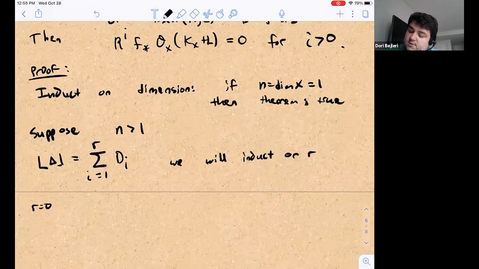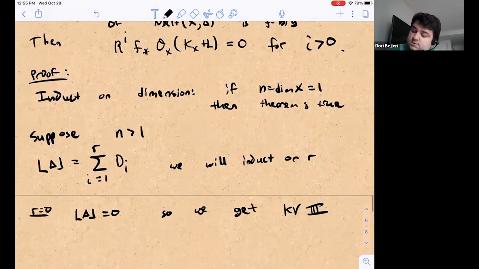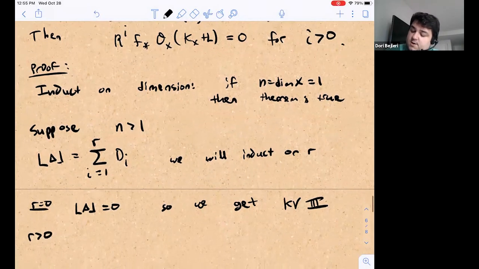So if r equals 0, then that's the same as saying that the round down is 0, and so we get usual KV vanishing in the SNC case. So I guess this was KV3. So suppose r is bigger than 0, then pick one of these divisors in your round down, say D_1.